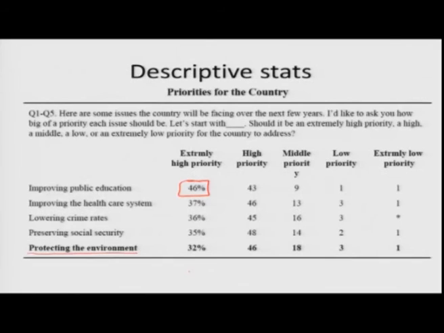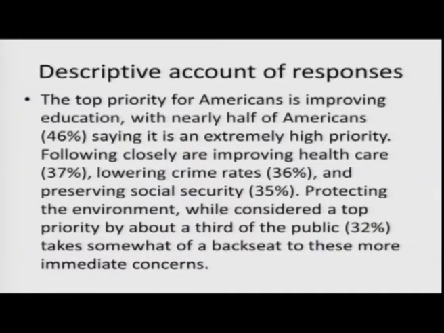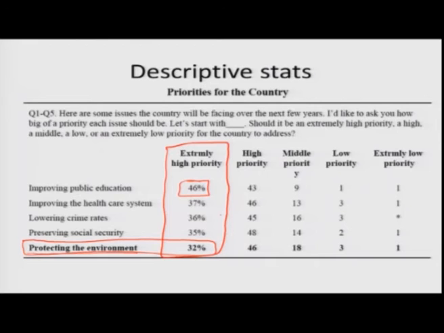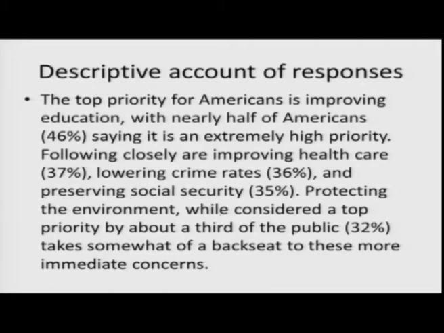So, here the writer looks at this column and compares how each of these issues has been rated as extremely high priority, and then points out that protecting the environment is just 32%, in fact, the lowest among these 5. So, this is reporting descriptive stats in a tabular format, and that has been explained here.